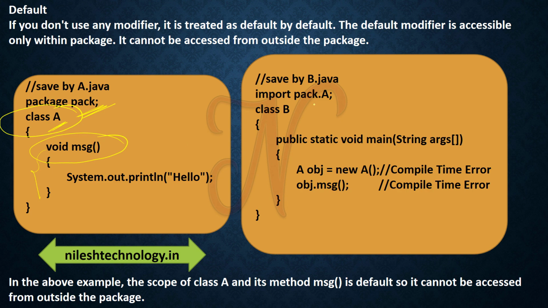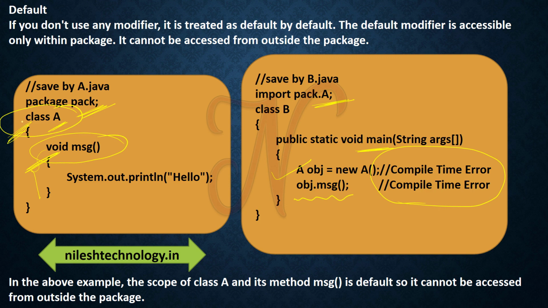I can import this package here, and this is my main method. If you create an object of the class and try to print the message function, then a compile time error will be generated because you missed public here. That means default cannot be accessed outside the folder. Default means you do not assign any modifier.